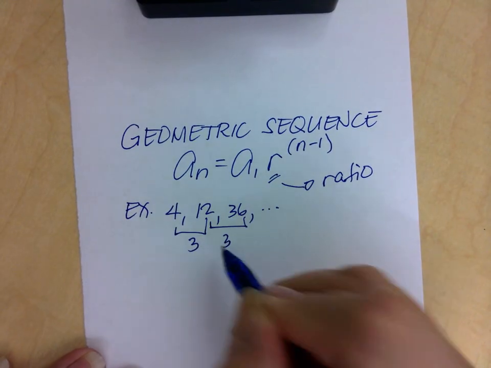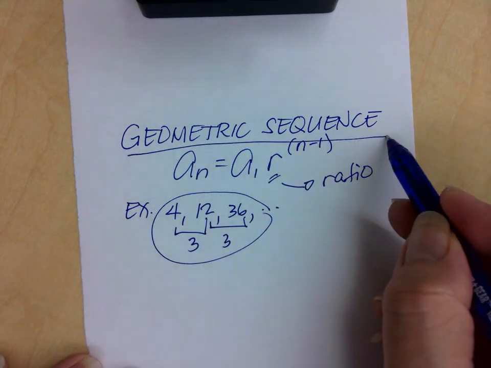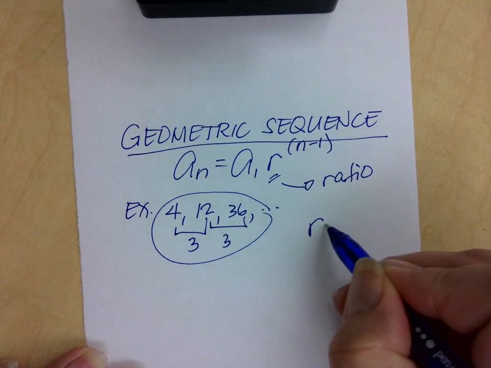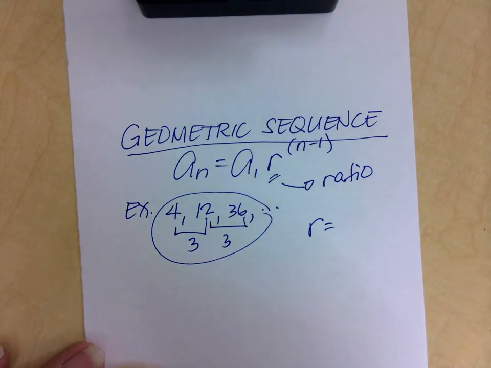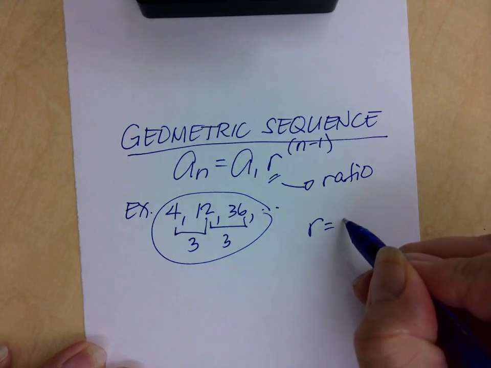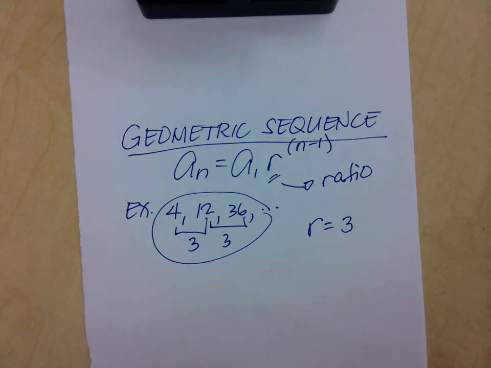So this pattern shows geometric sequence because what we have here is the ratio, the number you multiply to the previous number to proceed to the succeeding number. And the number we multiplied is 3. So again, for geometric sequence, you think about a number that you multiplied to proceed to the next number.